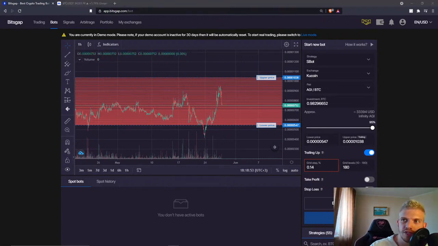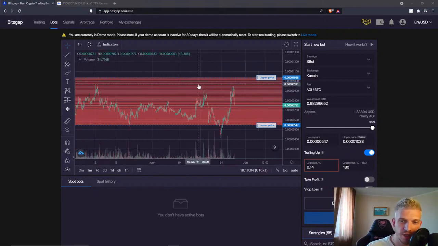So the next question was, again, with regards to the current development, about the trailing down feature. About the trailing down, this feature is in the active phase of testing and development.